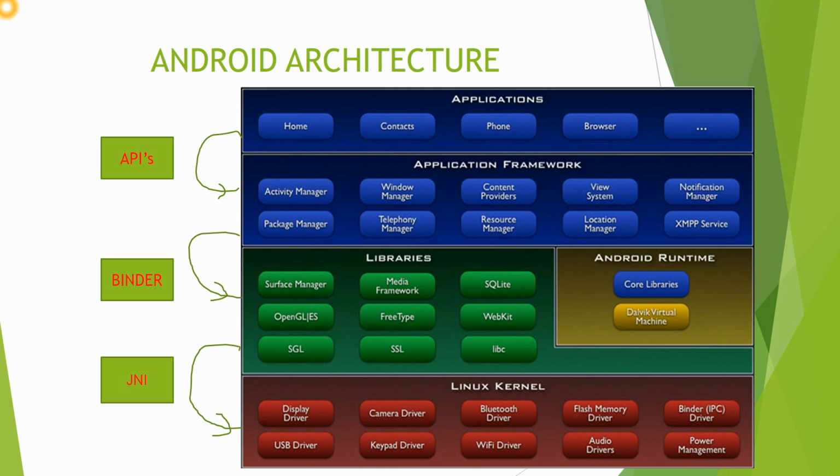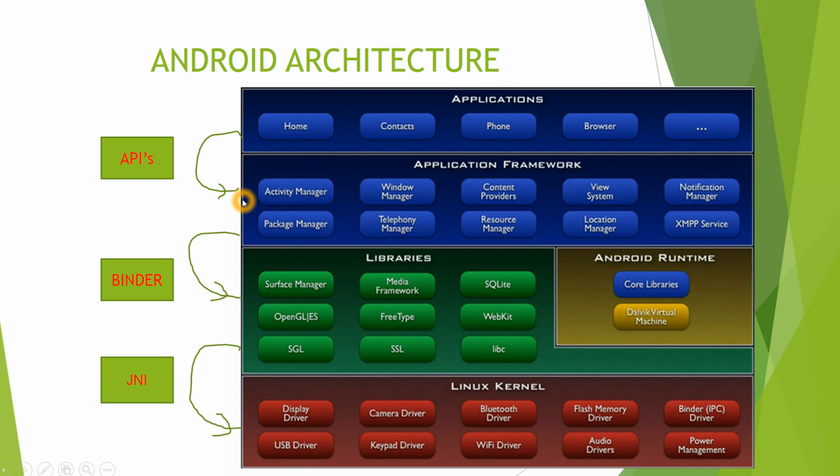Now, how is communication between these layers carried on? The communication between the application layer and the application framework is carried on with the help of a set of APIs. These standard APIs help in communication between the application and the application framework layer.